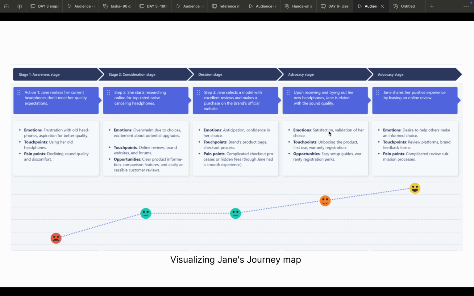So touch points here is she is unboxing the product and she is using it for the first time, and there is also warranty registration. And the opportunities here is she is getting easy setup guides. So she is feeling happy that she got an easy setup guide and there is a registration perks for her as well.